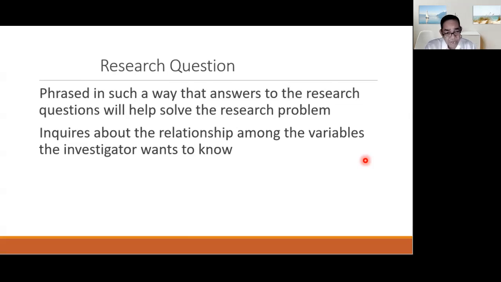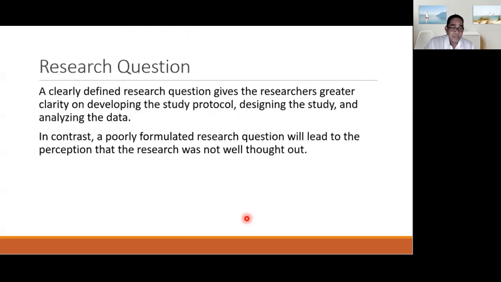It can be an inquiry about the relationship among variables that the investigator wants to know. Well, just one example of a research question. A clearly defined research question should give the researcher greater clarity on developing the research protocol, designing the study, and analyzing the data.